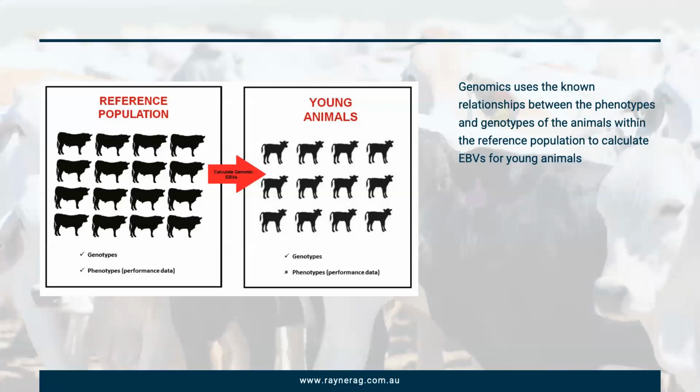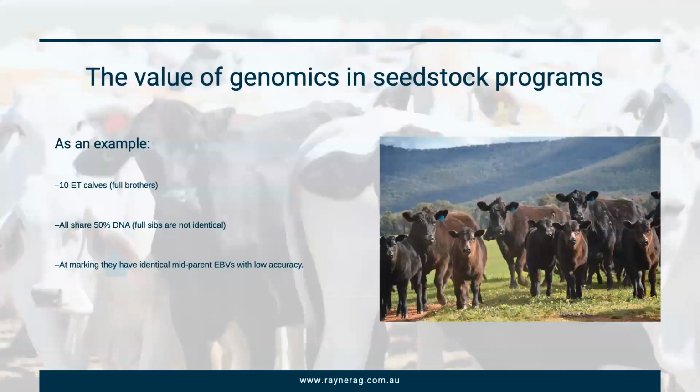But where it starts to become quite useful is in things like seed stock production. And here's just a quick example that's worth sharing. If we had, for example, an ET program where 10 ET calves were born and they were all full brothers, so they all have 50% of the same DNA.